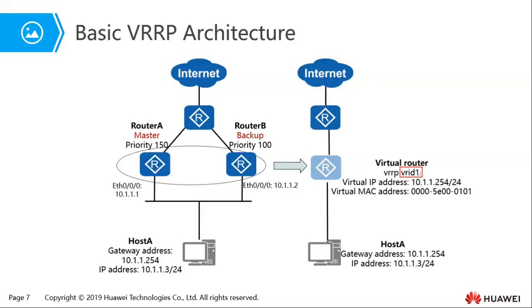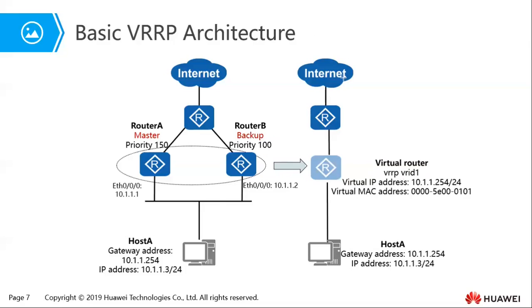Normally, this value is manually configured in order to uniquely identify a router within a VRRP domain. Here we have a VRID of 1, which is also sometimes referred to as the group ID. This value can range from 1 to 255.